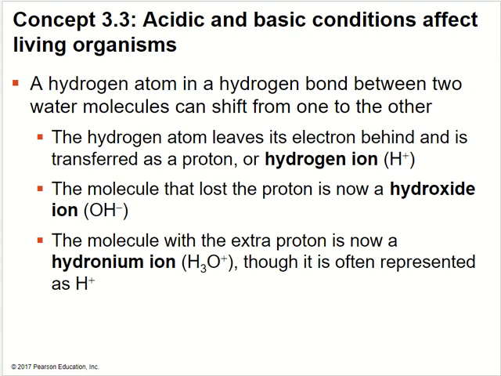In reality, the molecule of water that received that lost hydrogen proton is now a hydronium ion, which is H3O+, though it is often abbreviated as H+ to simplify different transfer of acidic protons.